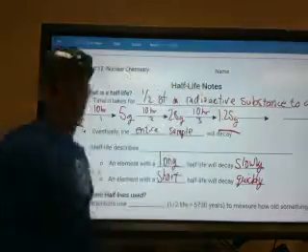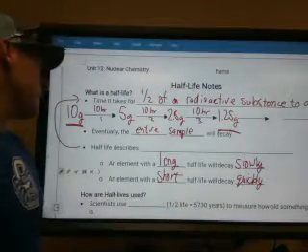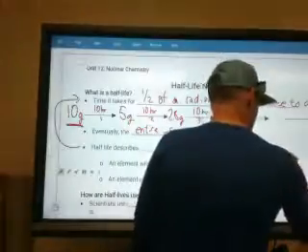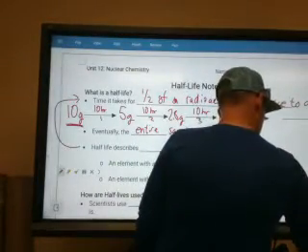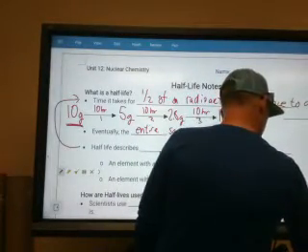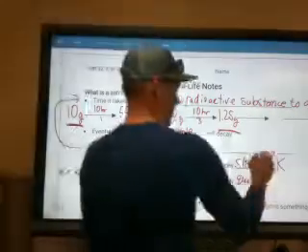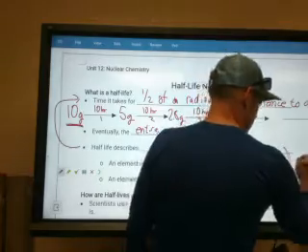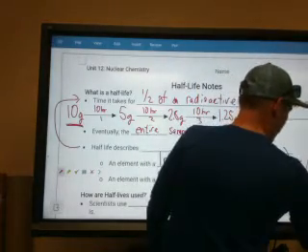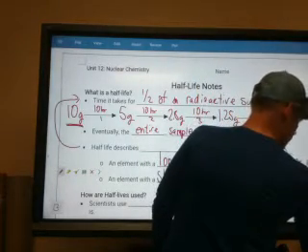A couple examples of that. If you look at your periodic table, potassium 40, that would be 19. This is an example of something that has a really long half-life, somewhere in the neighborhood of 1.25 billion years.